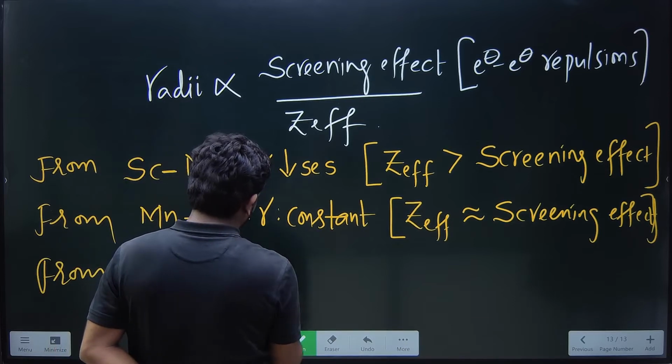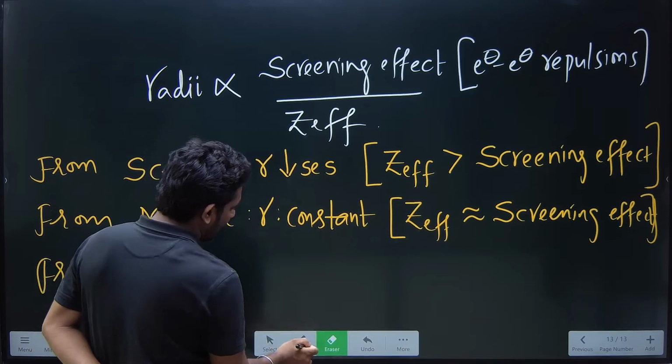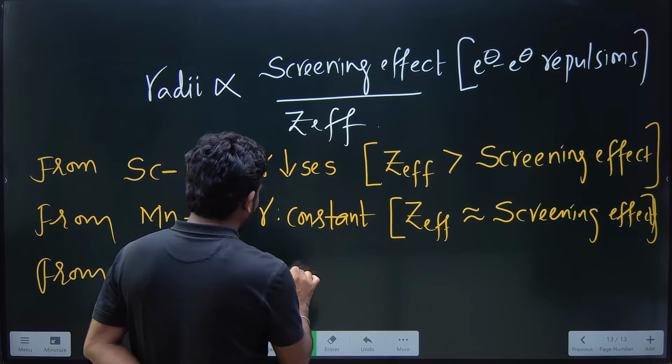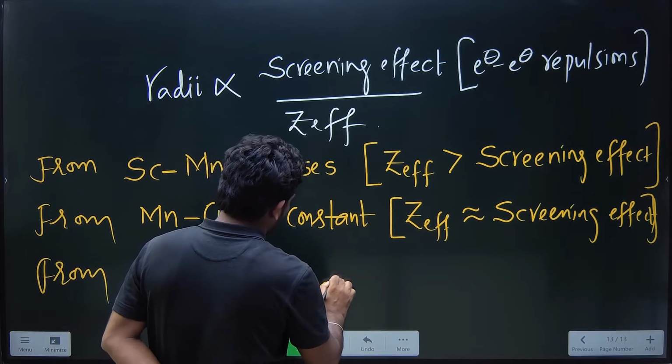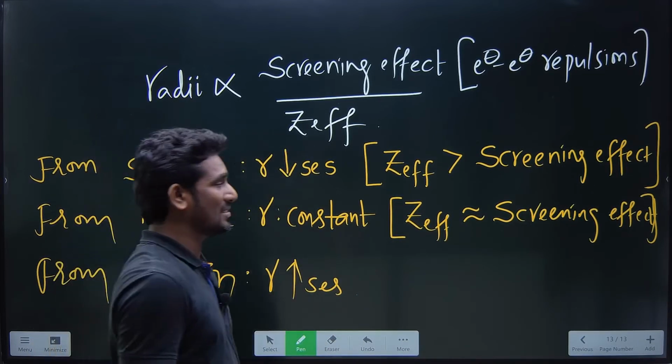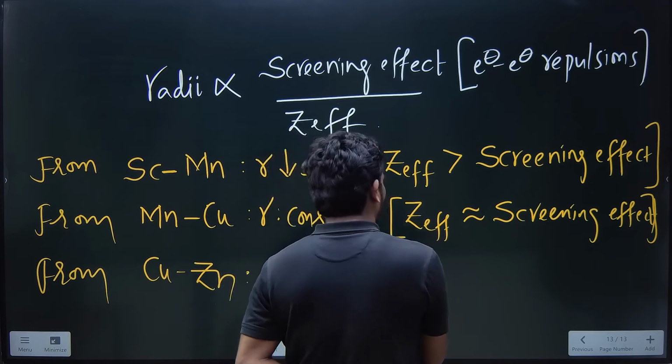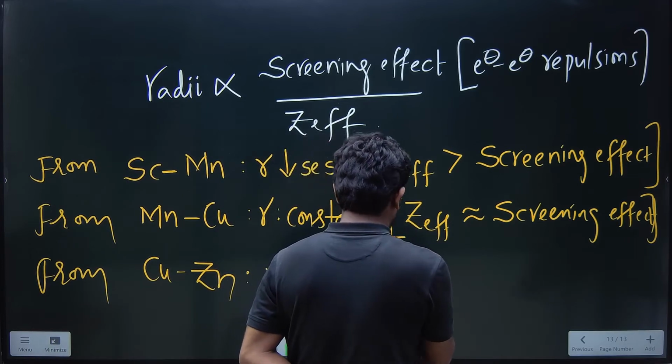radii increases. What is the reason? इसमें कौन डोमिनेट करता है, देखो, screening effect dominates.